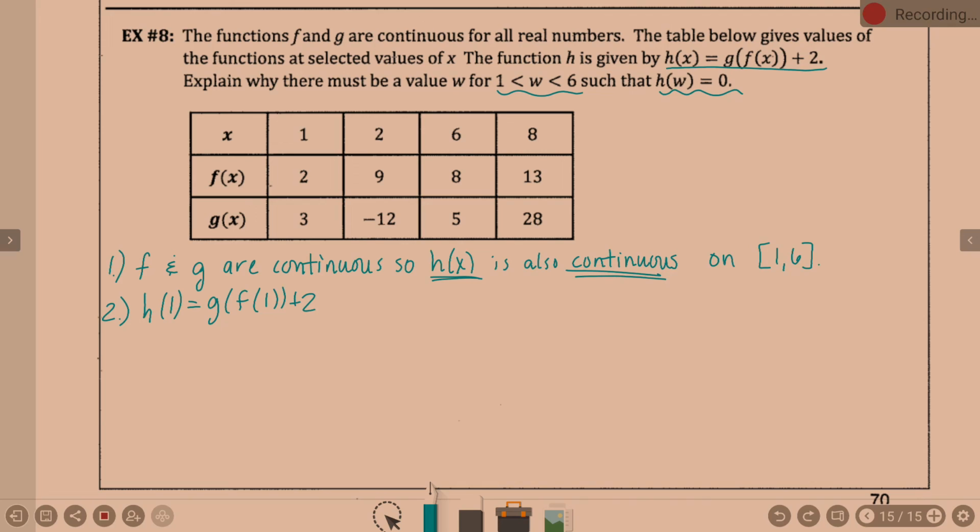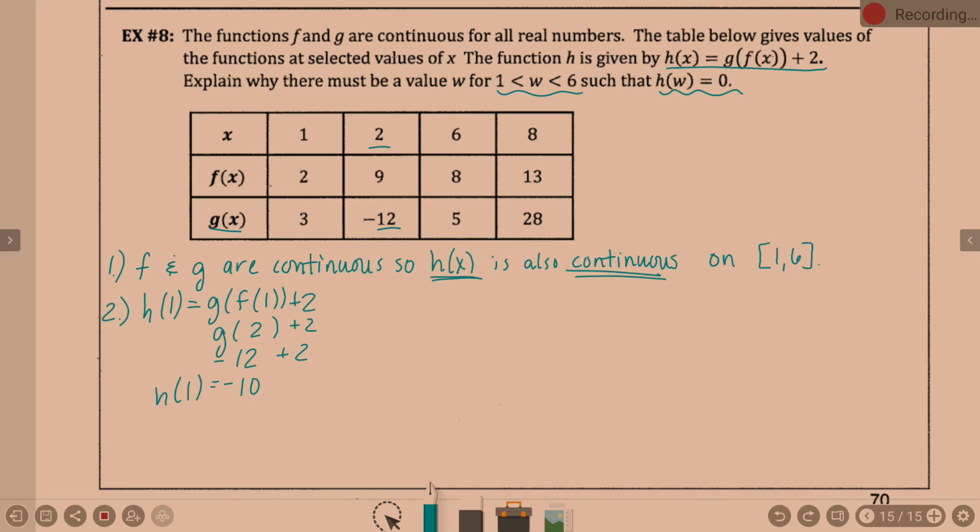What's f of 1? 2. So now this becomes g of 2 plus 2. What's g of 2? Negative 12. Plus 2, which is negative 10. So agreed that h of 1 is negative 10.